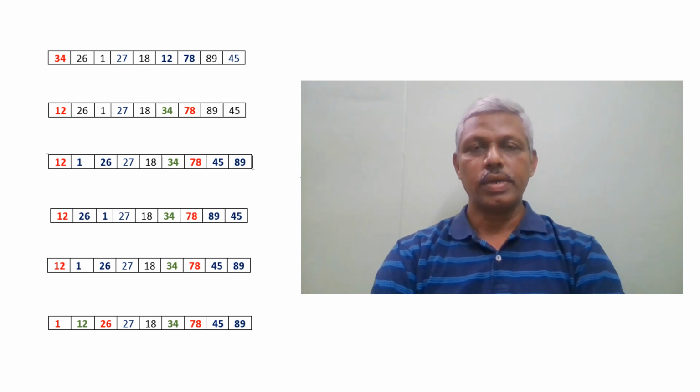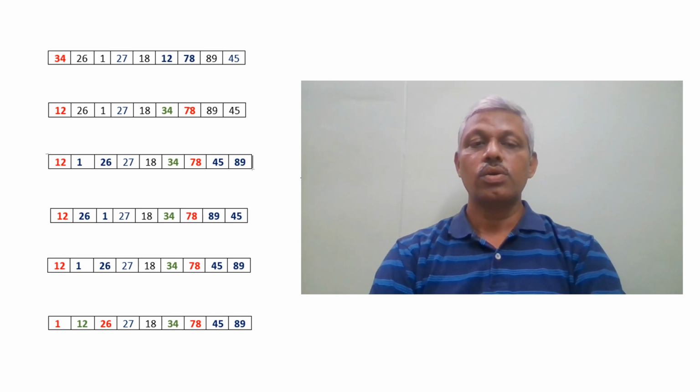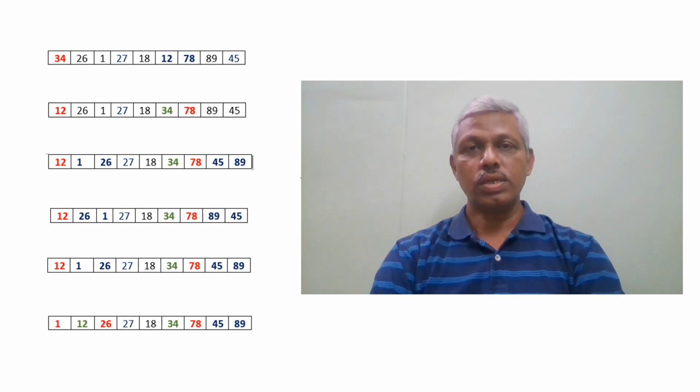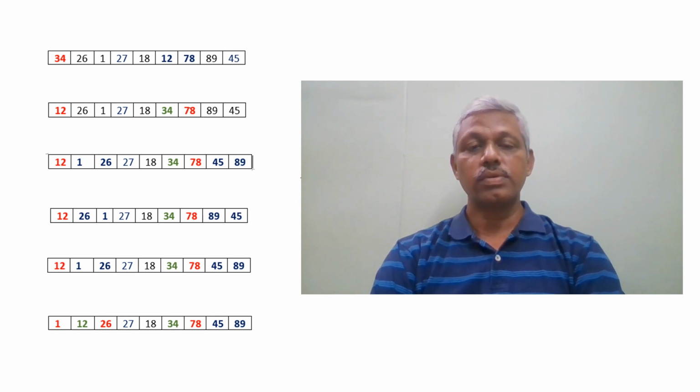So we stop there, and we find the location for the pivot element in the second cycle for the left subarray. So again we swap the locations of 1 and 12, and 12 reaches its location in the left subarray, dividing it again into smaller subarrays consisting of 1 on the left side of 12, and 26, 27, 18 on the right side of 12.